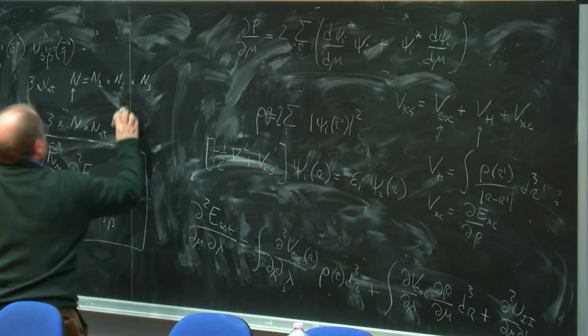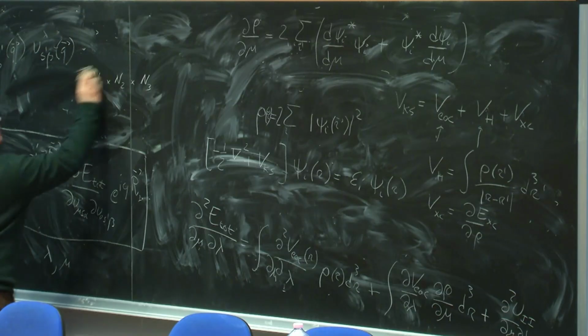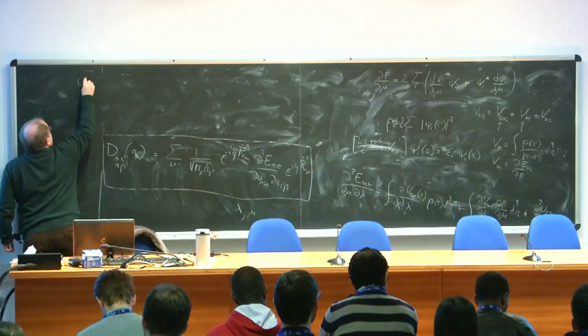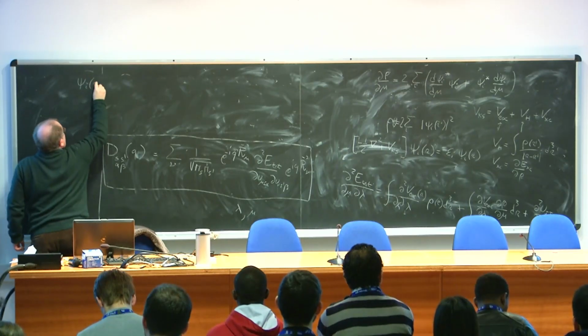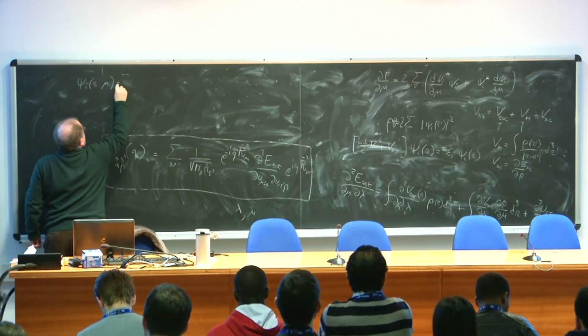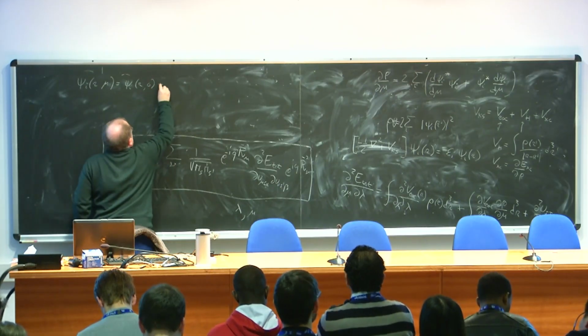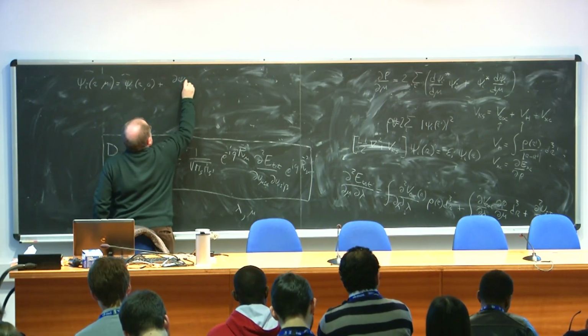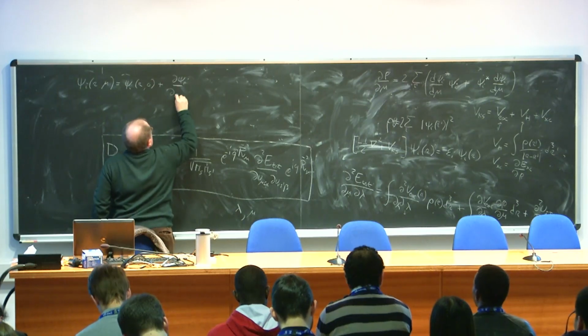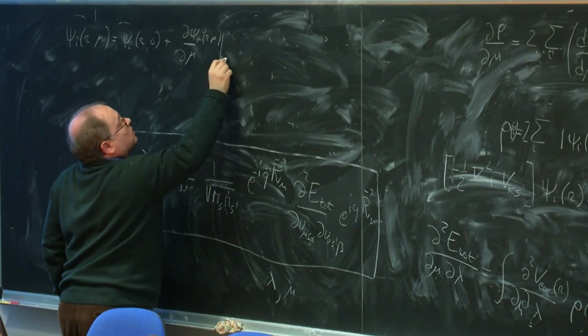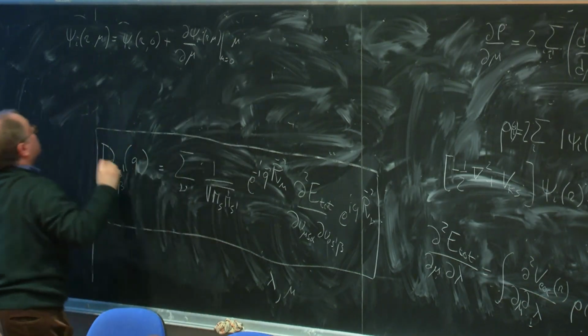I will rewrite later the eigenvalue equation if needed. So let's say we write phi i of r and mu as phi i of r and 0 plus the derivative of phi i over d mu of r, calculated at mu equals 0, multiplied by mu.